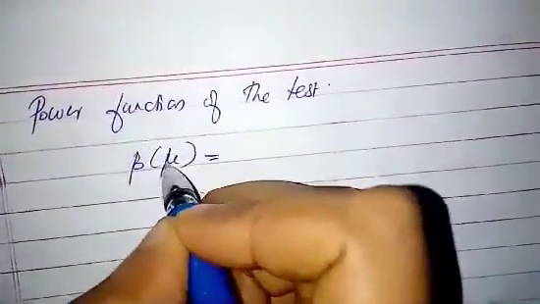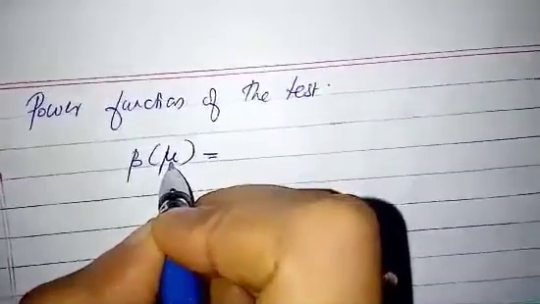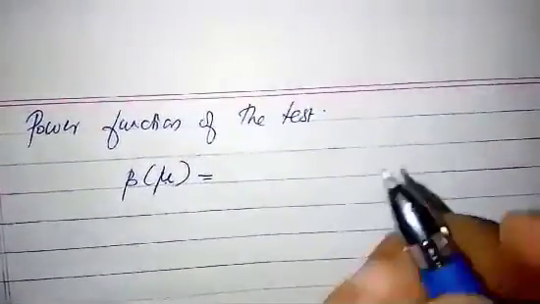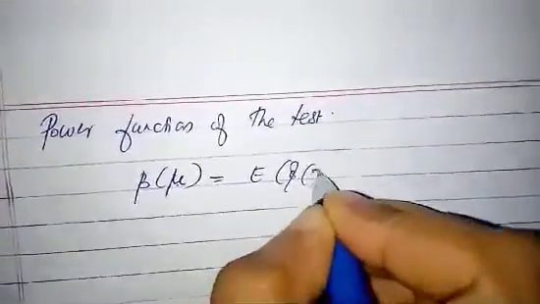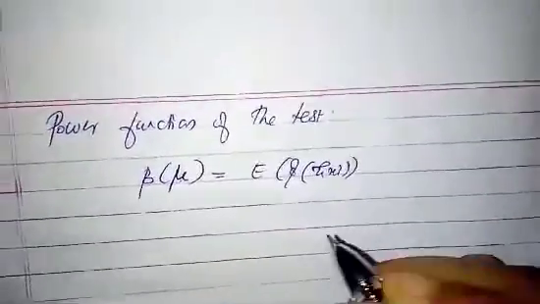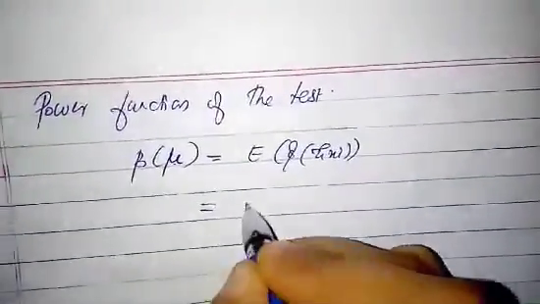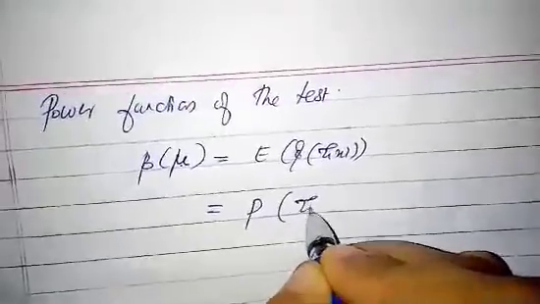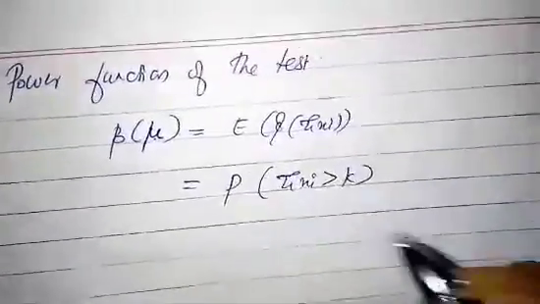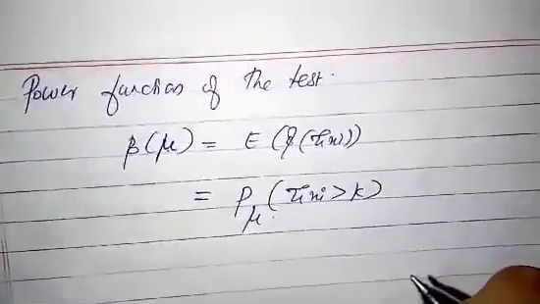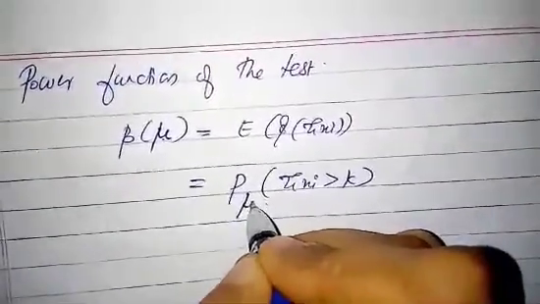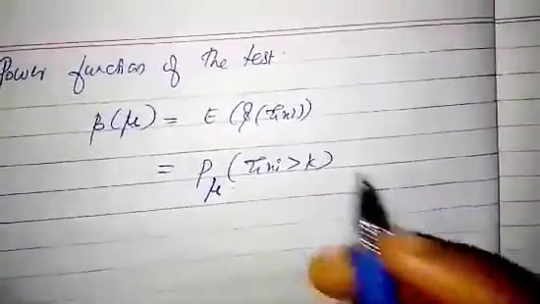Here mu is the parameter, so we can take beta of mu, which is equal to the expectation of phi of summation xi. It is equal to the probability of summation xi greater than k on the parametric space, that is mu, right?